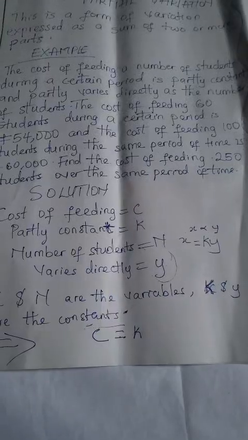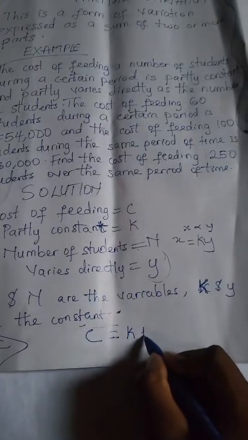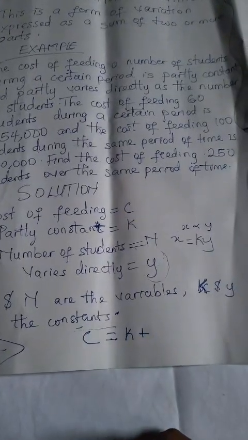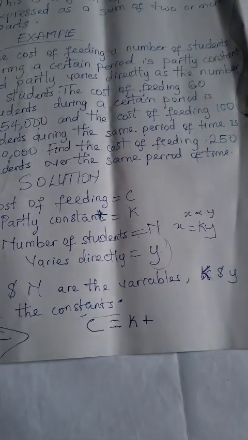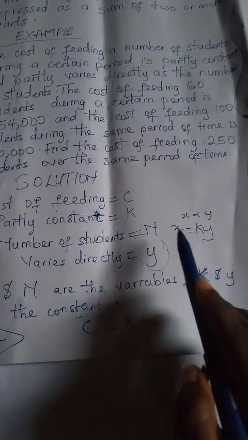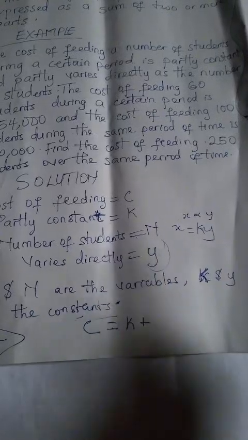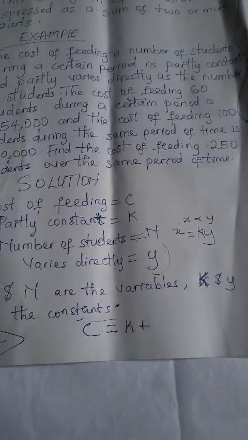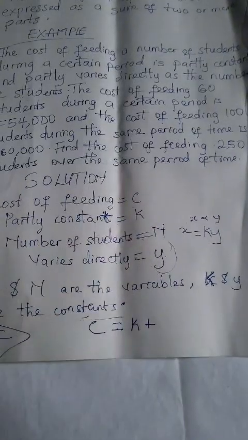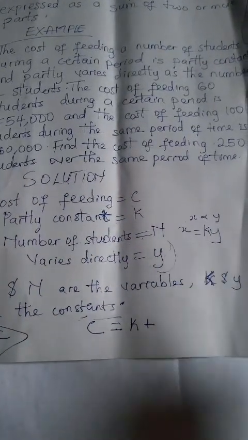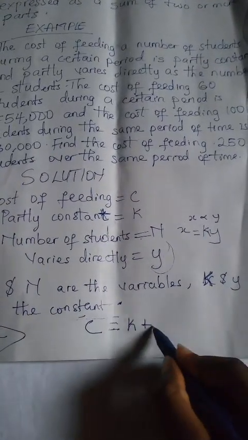For partial variation, it is the plus sign we use. For direct variation, it was multiplication that was joining them, like x equals ky. For inverse, division, 1 over. For joint, we combined direct and inverse. So for partial, it is the plus sign.